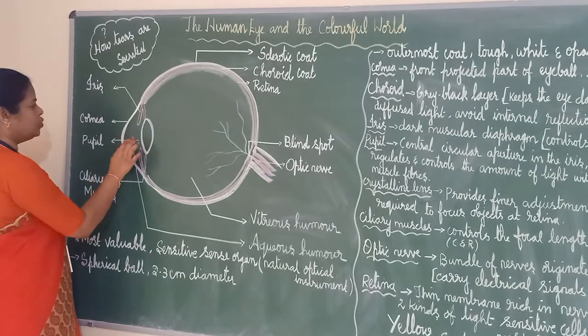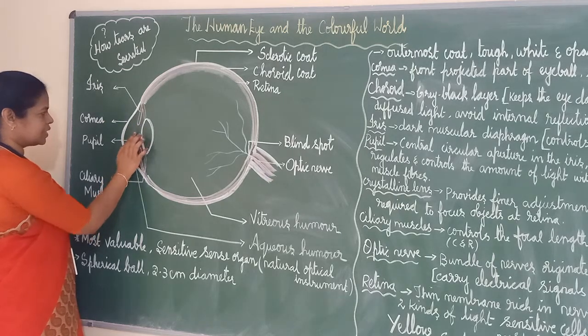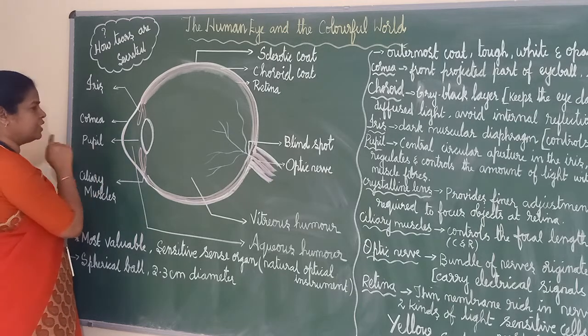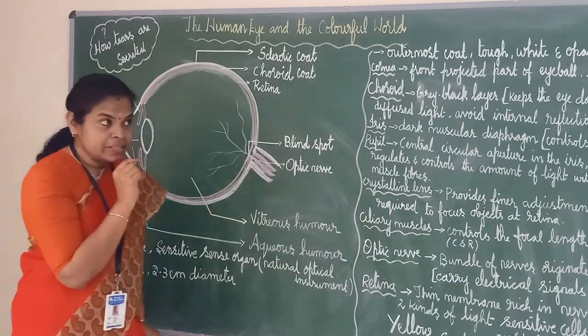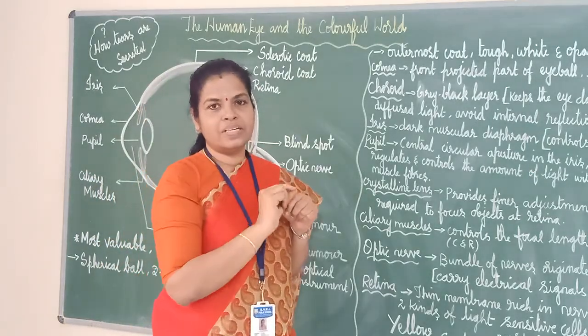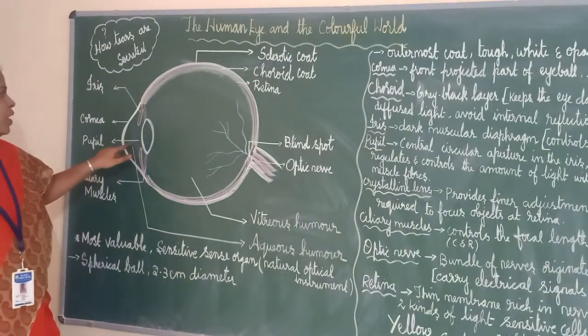Now there is a gap in between this iris, see, there is a gap. That portion is called the pupil. You go near the mirror and you see in the center of your eye one black dot, no? That area is the pupil.